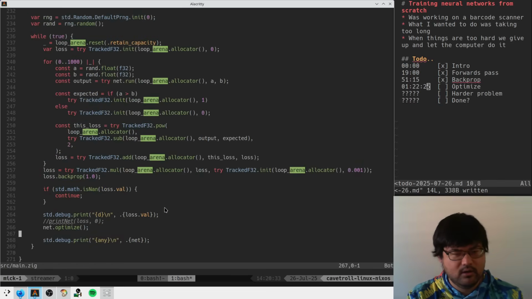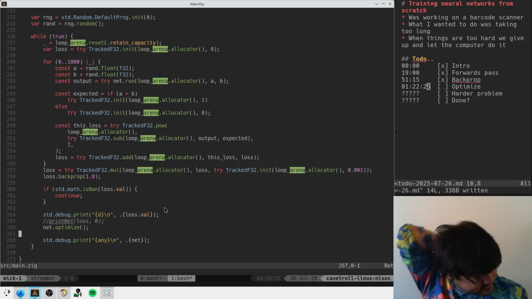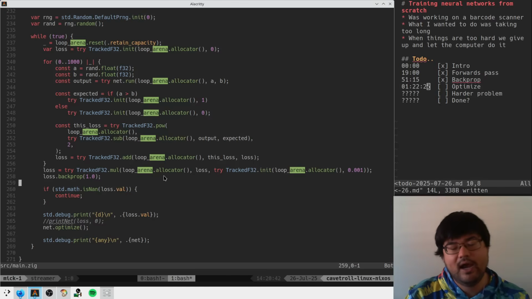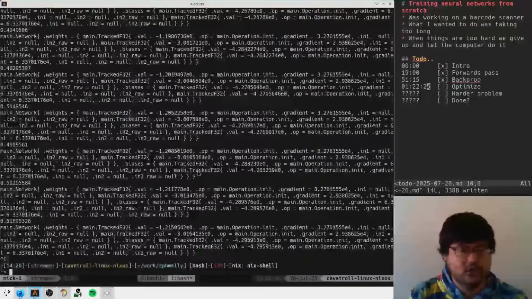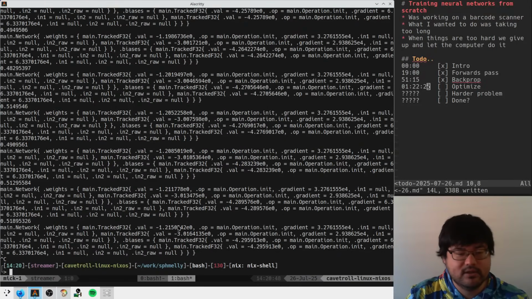Okay. So how do we debug this? I guess we should look at the gradients. So what are we seeing here?